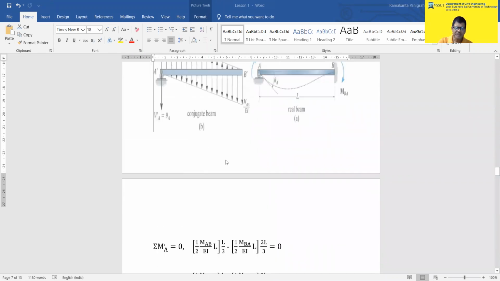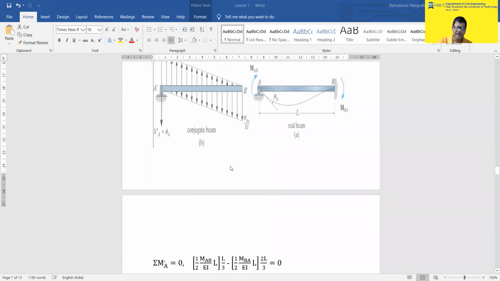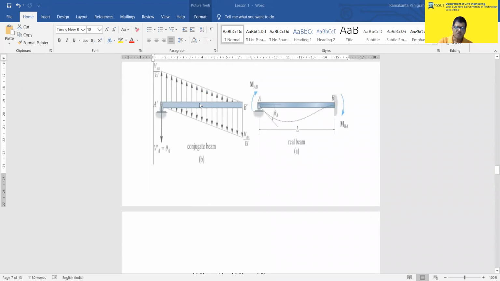Take sigma MA equal to 0. This force is acting downward and this force is acting upward, MBA by EI. What is the total load here? Half MAB by EI into L, the area of the triangle.